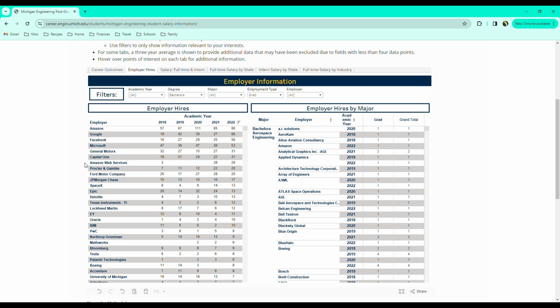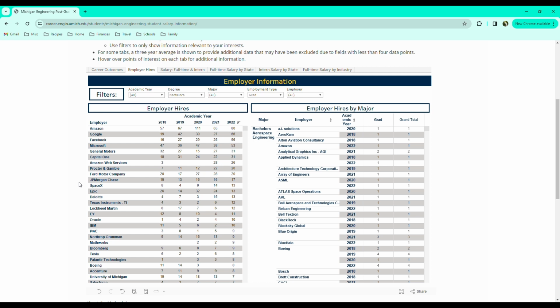But University of Michigan, being in Michigan, has a lot of hires from Detroit. So you'll see General Motors, Ford, those types of companies are also snatching up a lot of graduates. And then there's some other companies like Procter and Gamble, SpaceX, that are in different industries than these other ones that we've talked about.